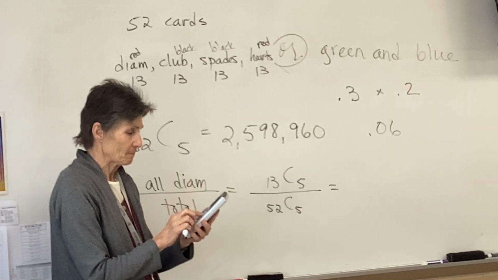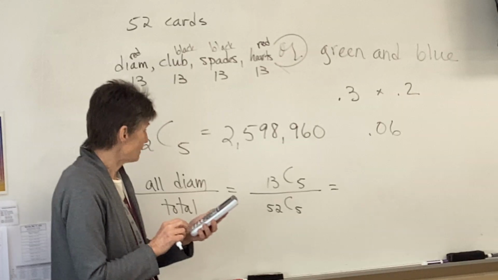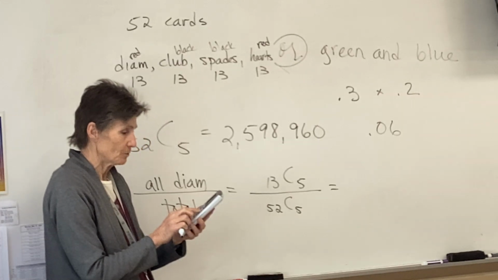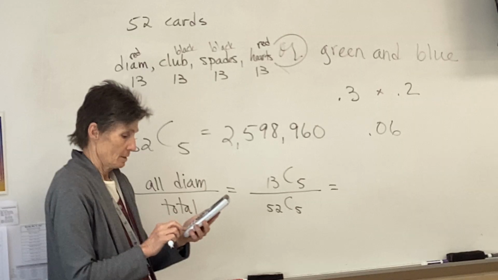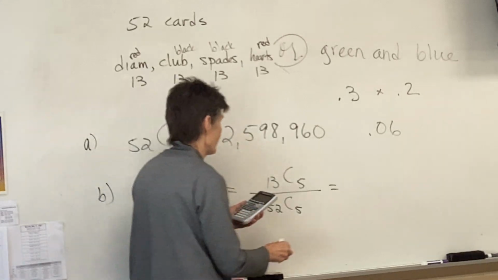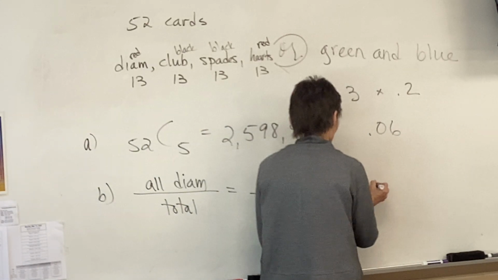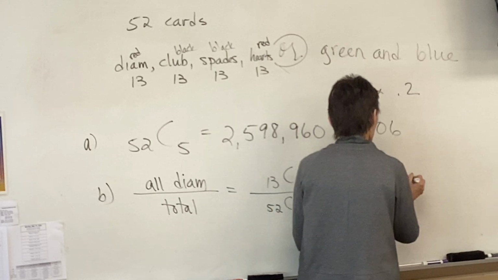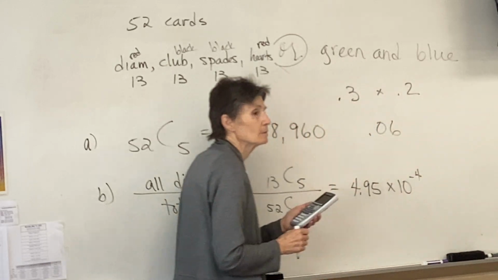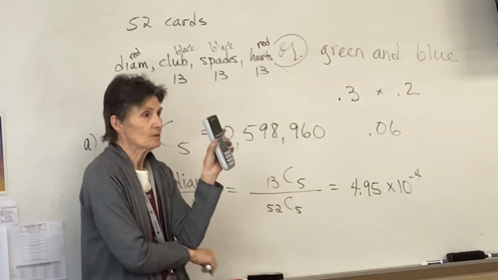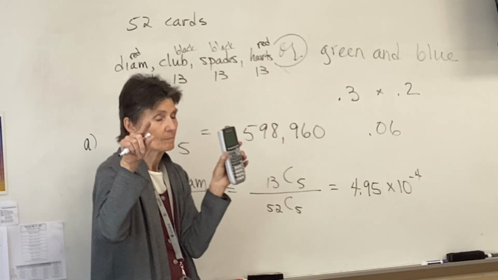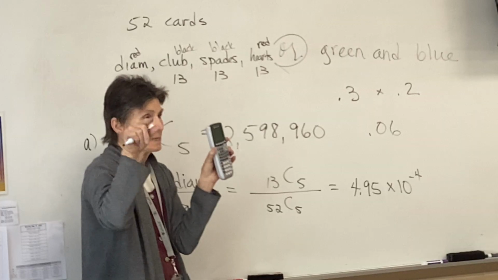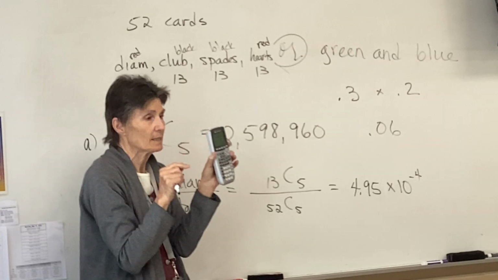13C5 divided by 52C5. 4.95 times 10 to the negative 4th. Notice when you type that in, you got an E at the end. That's E to the negative 4th, that's 10 to the negative 4th.